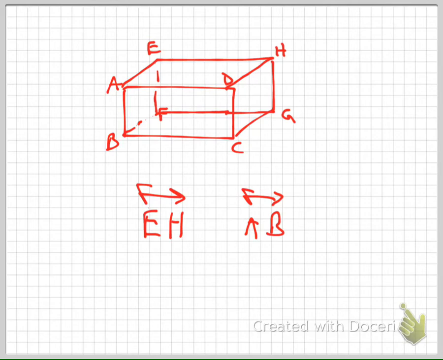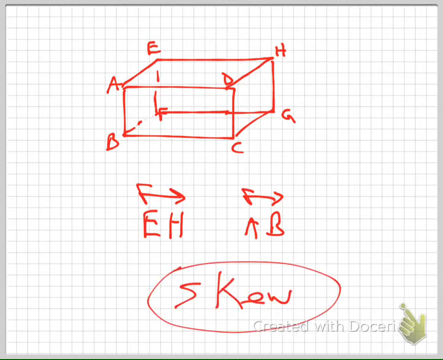This thing goes forever this direction. This one goes forever. They still don't touch. Those are a special type of lines called skew lines, okay? Lines that don't touch but are not on the same plane. They miss, but they're not on the same plane. Those are called skew lines. Does that make sense? Okay?